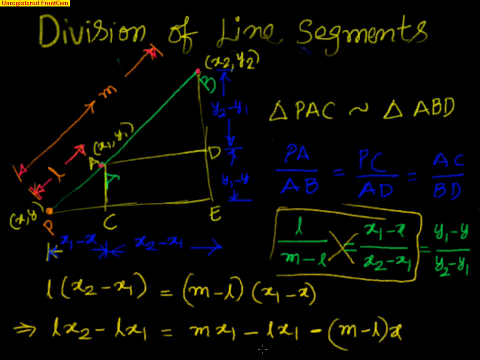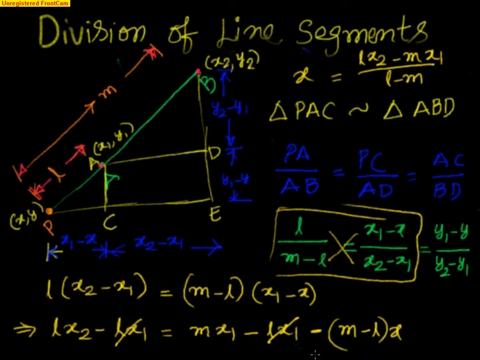You can see I am just retaining this as it is because I am interested in calculating the value of x. So I don't want to simplify this. I can cancel Lx1 and Lx1. Okay. Then what happens? If I take Mx1 that side, this becomes Lx2 minus Mx1. Are you with me? I am just taking Mx1 that side, so this becomes Lx2 minus Mx1 divided by minus of M minus L, nothing but L minus M. This is my x coordinate.